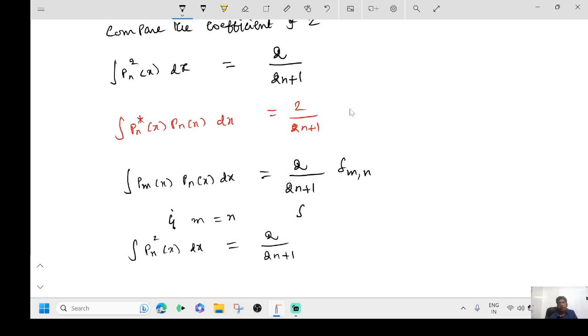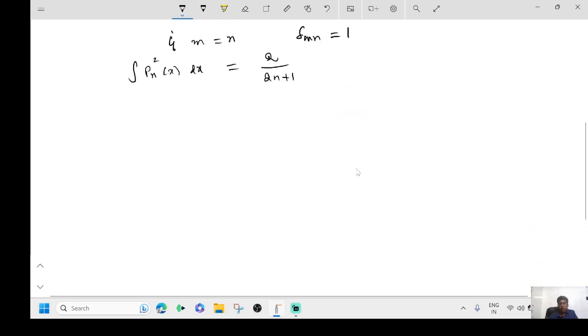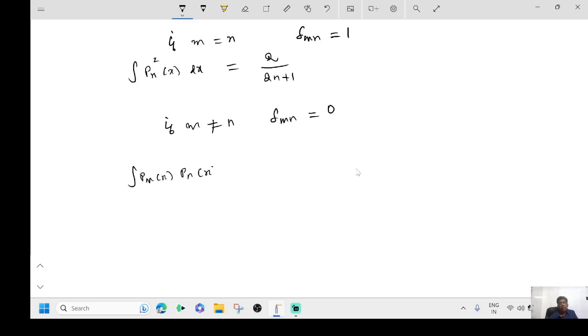If m is equal to n, delta mn is equal to 1, because this is Kronecker delta. If m not equal to n, delta mn is equal to 0, therefore the integral of Pm of x into Pn of x into dx is equal to 0.